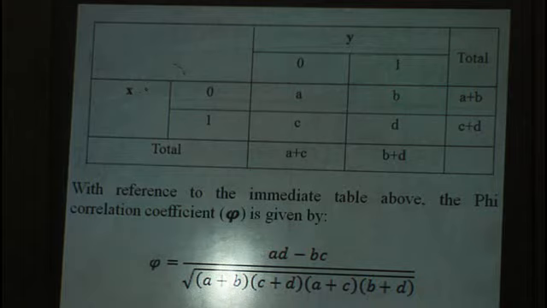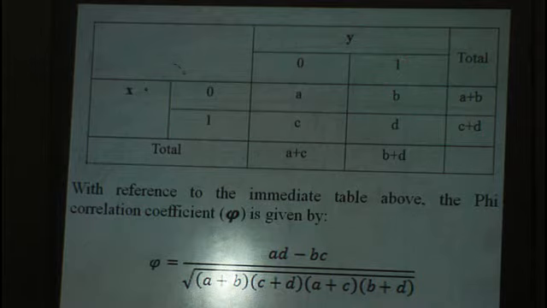The same thing applies to the two categories of x. One is coded 0 and the other is 1. Don't forget, if in reality we were to use this as gender, you will say this is male and the one is female. For employment status, you will say this is employed and the one is unemployed.